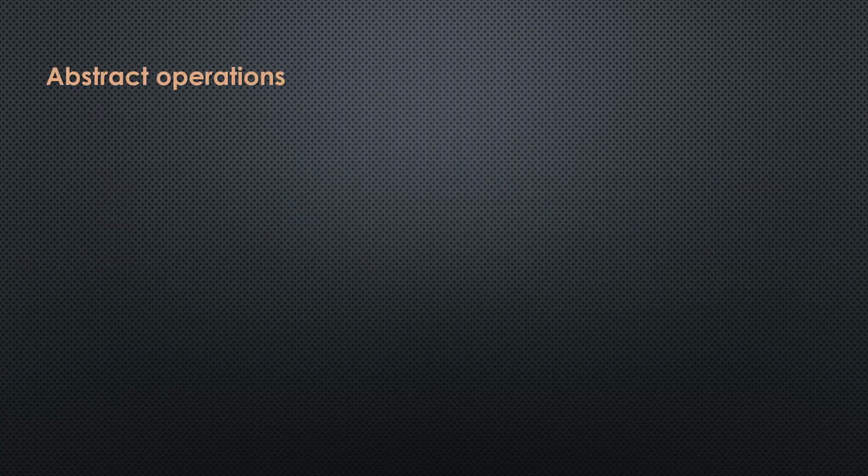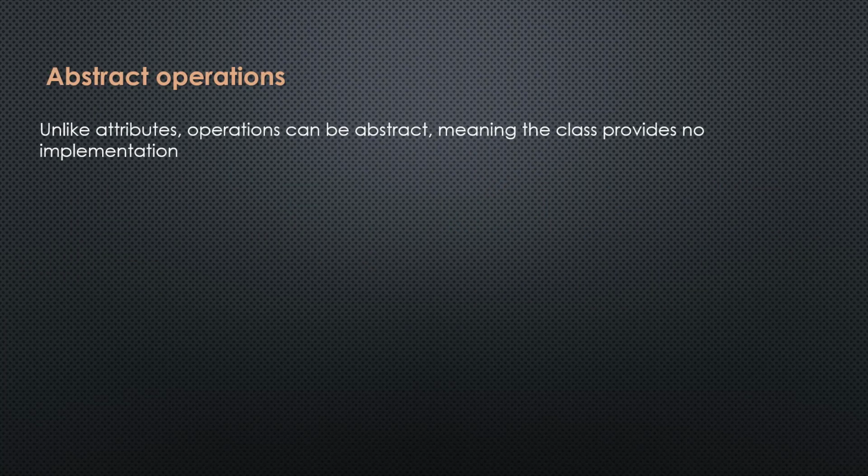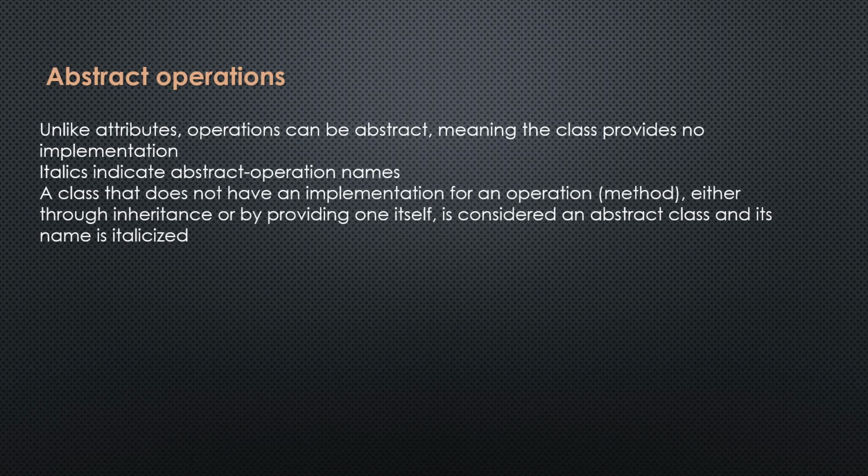Abstract operations. Unlike attributes, operations can be abstract, meaning the class provides no implementation. Italics indicate abstract operation names. A class that does not have an implementation for an operation or method, either through inheritance or by providing one itself, is considered an abstract class, and its name is italicized.